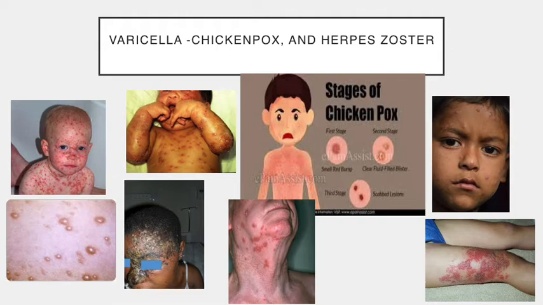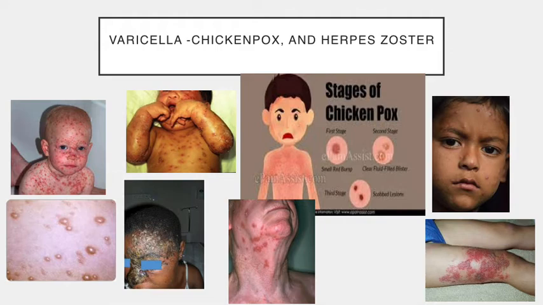You will have patients that come in with herpes zoster outbreaks who may say, well, I've never had chickenpox, but sometimes they could have had the varicella zoster virus and just not had lesions that they noticed.